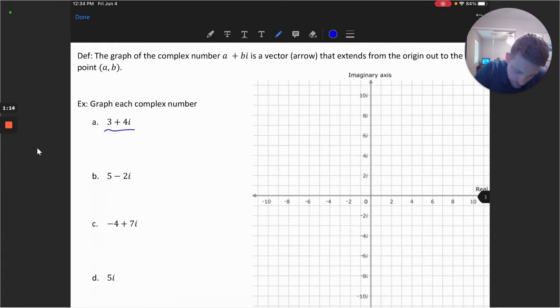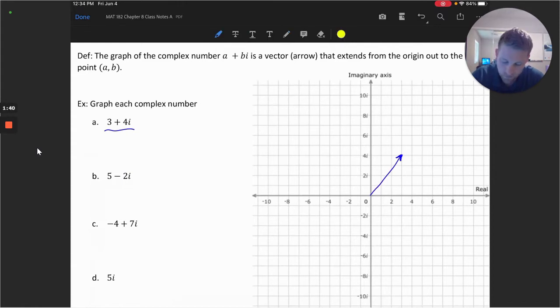So 3 in my real axis, 4 in my complex. It's going to end up here. So we'll have a vector extending to that point. Could have an arrow here, but it stops at that point, 3, 4.